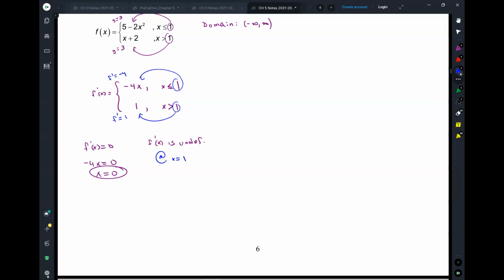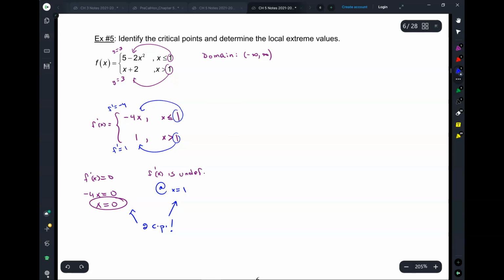That's another critical point, so here we have 2 critical points. I evaluated the derivative from the left and the right at x equals 1.